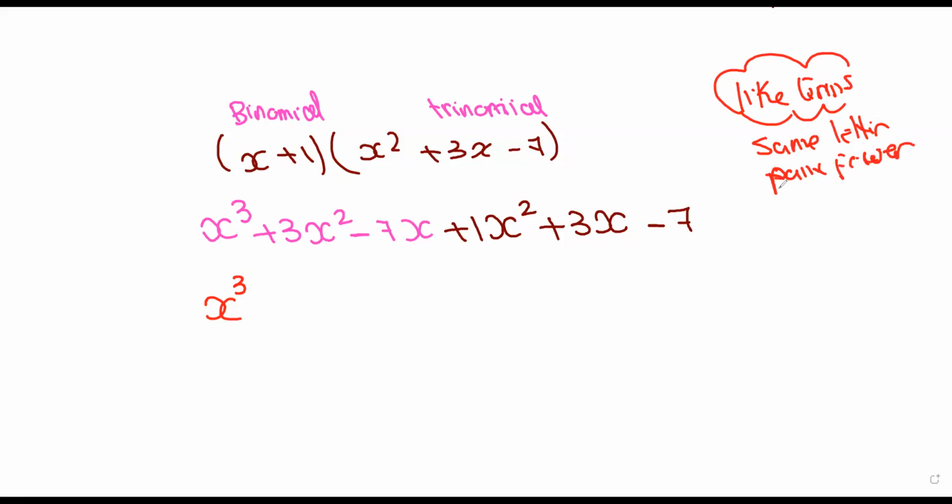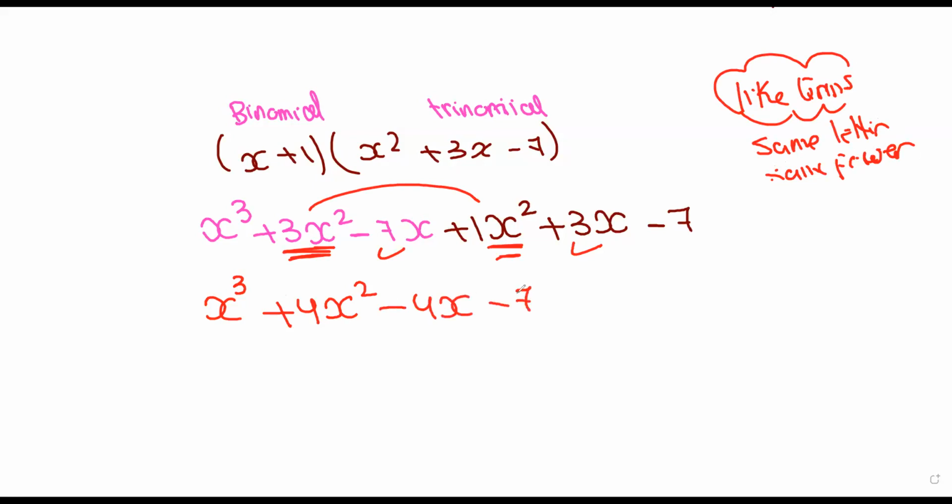And when we combine like terms, for example 3x power 2 and 1x power 2, we're going to add them together. We do not change the powers. We change the powers only in multiplication. So this will be combined with this. Negative 7 plus 3 is negative 4x, and then you have minus 7. And please remember that to identify whether the term is positive or negative, you look to the left.